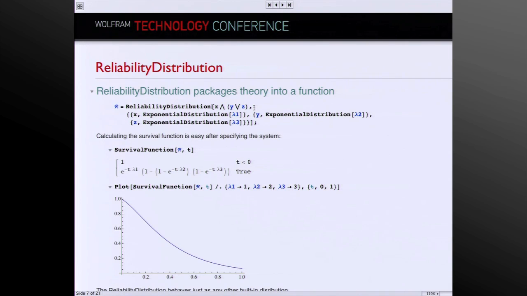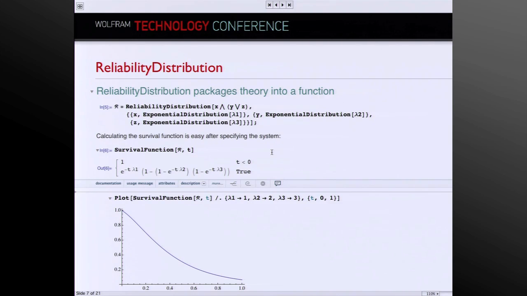Now, what the reliability distribution does is to package all this theory up into a function. So let's create an object here, R, based out of 3 components. So we'll need the X component to work and 1 out of Y and Z. As you can see here, what I'm doing is calculating the survival function, and of course we have all this implemented symbolically, so you can calculate these symbolically.